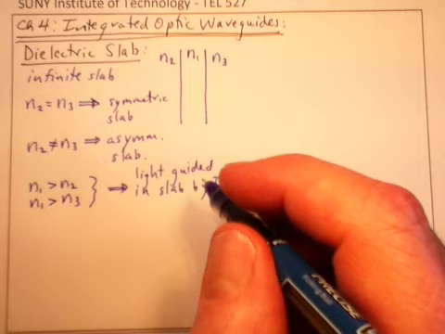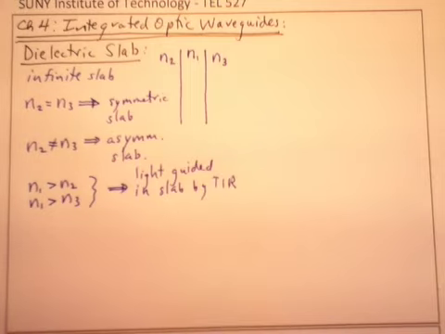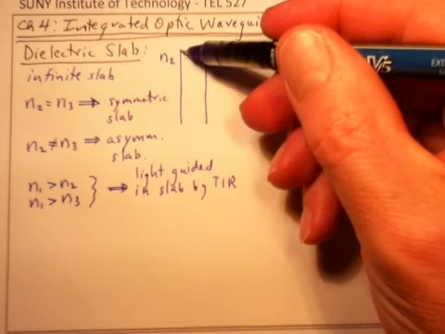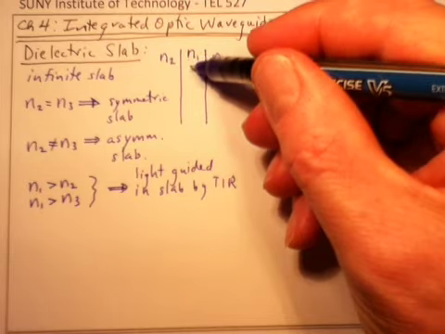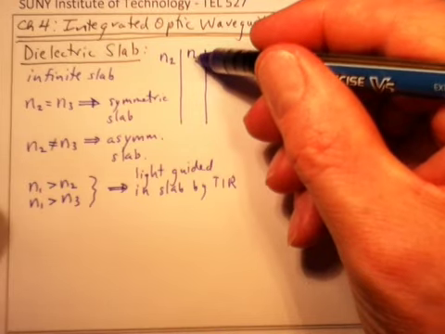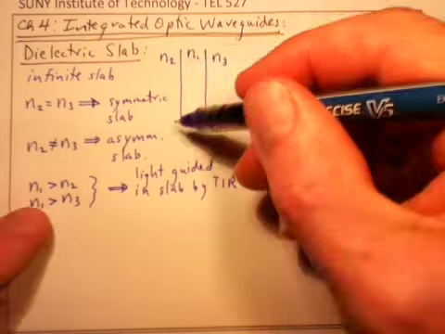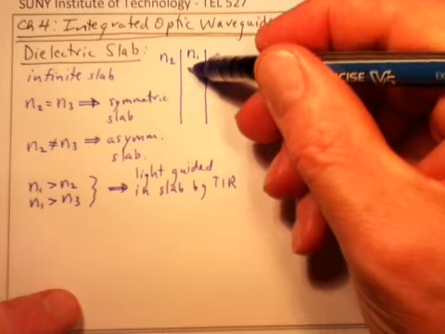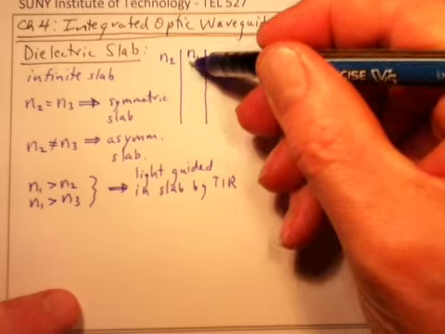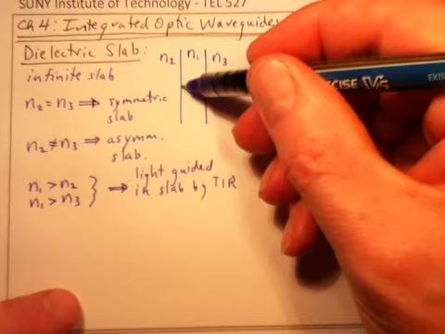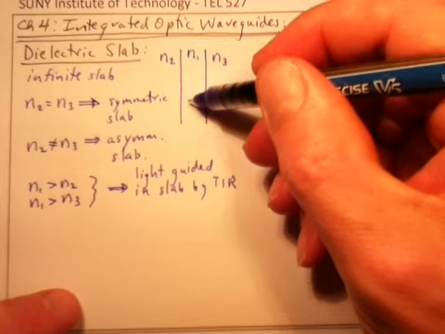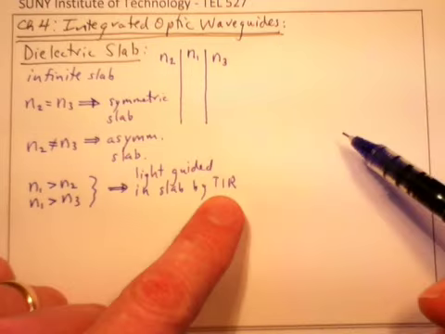Okay, so what we've seen is that if we have light which is incident upon an interface, say between indices N1 and N2, where N1 is larger than N2, and the light ray hits at a sufficiently glancing angle, that is, if the incident angle relative to the normal is large enough, then there will be no refracted ray, in which case all of the light is reflected through what's called total internal reflection.